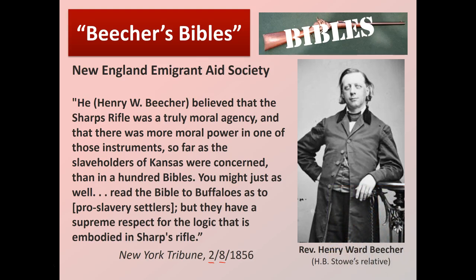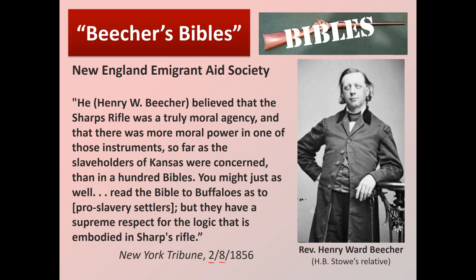It says Henry W. Beecher believed that the Sharps rifle was truly a moral agency. Right, the Sharps rifle is a fantastic new and improved rifle. It does not require the full muzzle load and length of time that it takes to load old rifles. Shorter weapon, more versatile, more accurate because it's a rifled barrel as opposed to a smooth bore barrel.